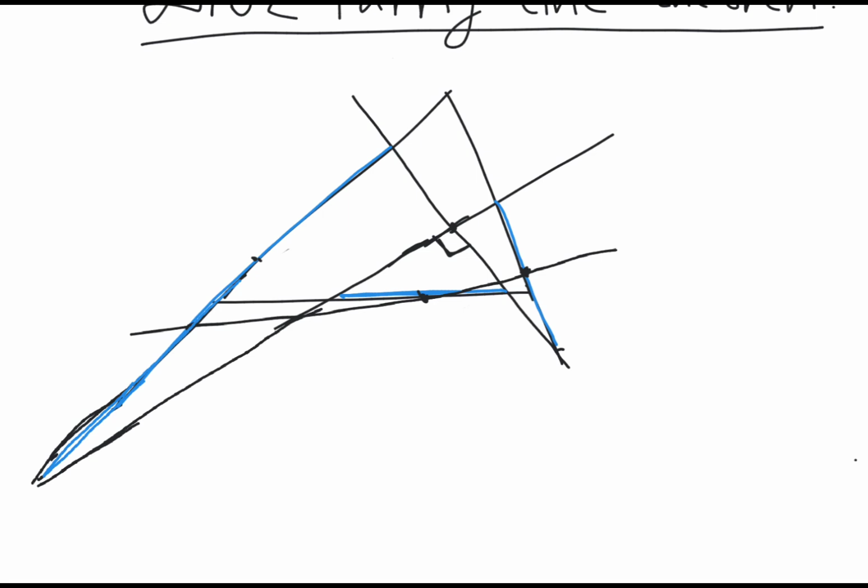Okay, so let's prove this theorem. So I will denote the triangle as ABC.